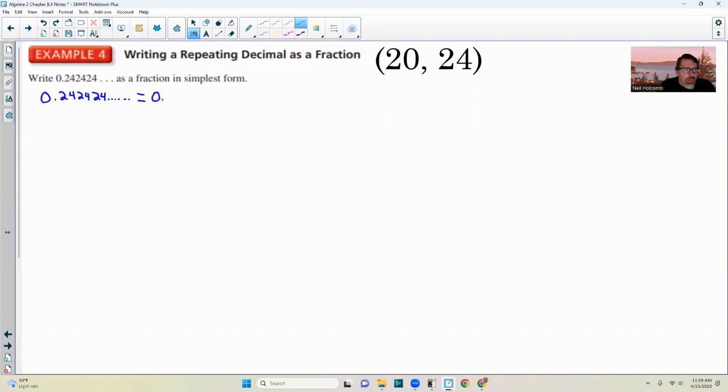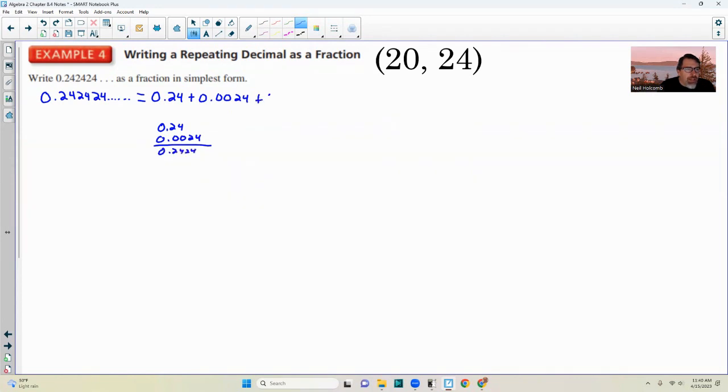Well, if I take the first decimal places 0.24, then I can add 0.0024 to it. Let me show you what this is doing if we line it up. If I take the first term here, 0.24, and add 0.0024, which is the second term here, I will get 0.2424.